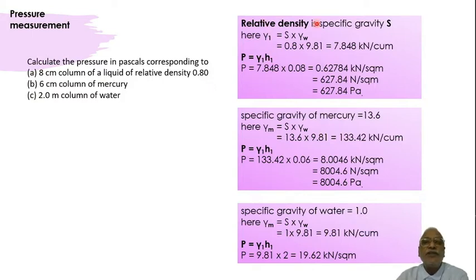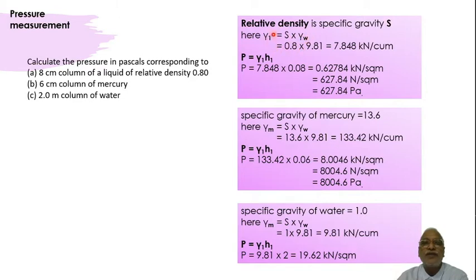Relative density is nothing but specific gravity in fluid mechanics, you should remember. And specific gravity is nothing but the ratio of specific weight of a liquid to specific weight of water.